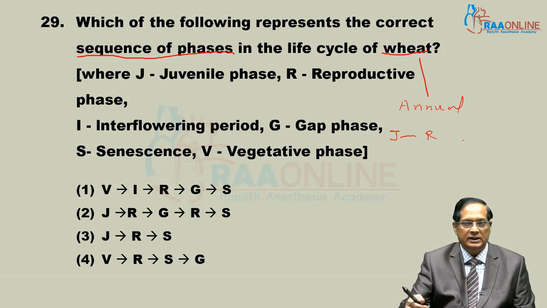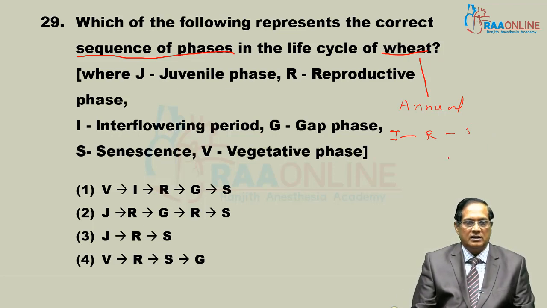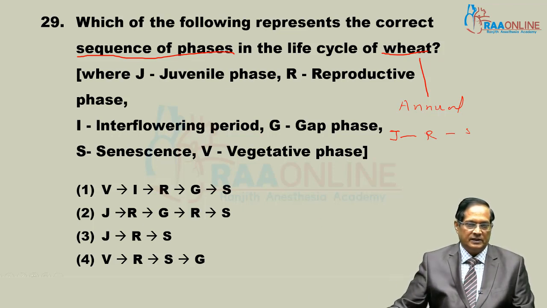And finally, senescence is there. So we can say juvenile, reproductive, senescence. This is the correct sequence. There is no interflowering period in wheat because it is an annual or seasonal plant.